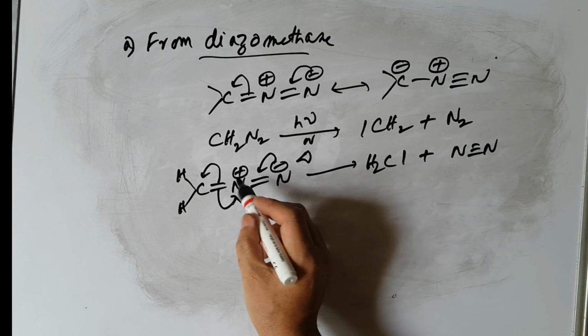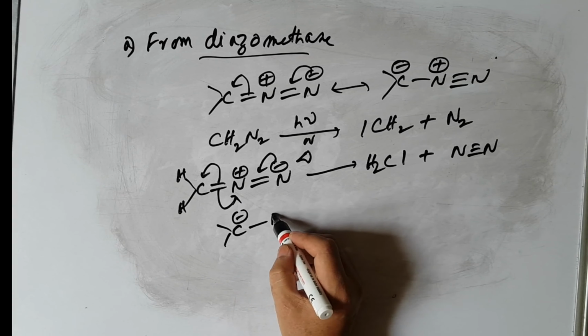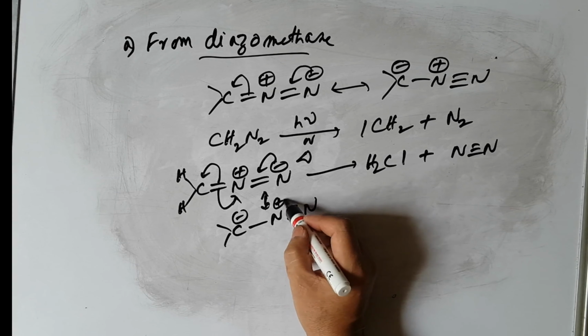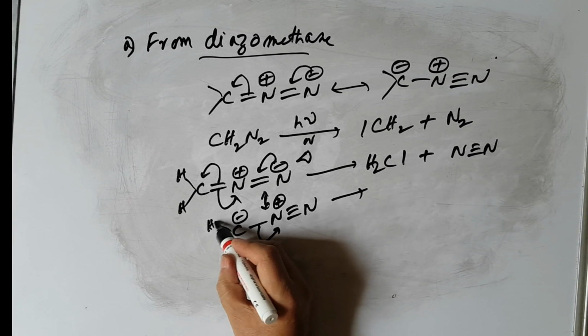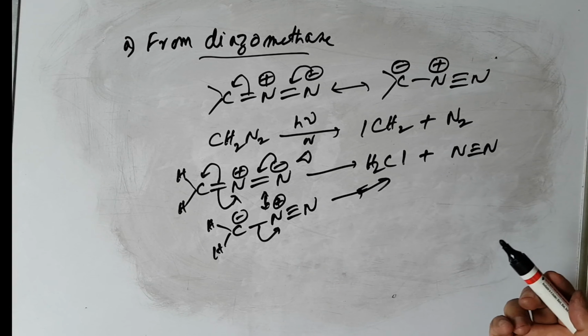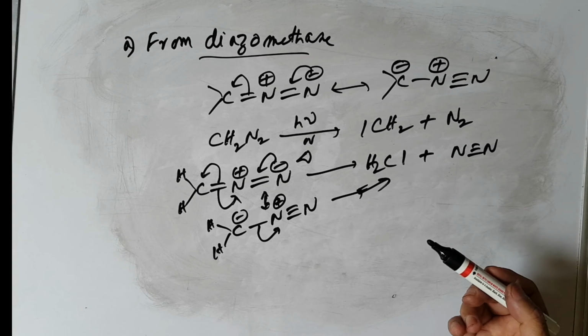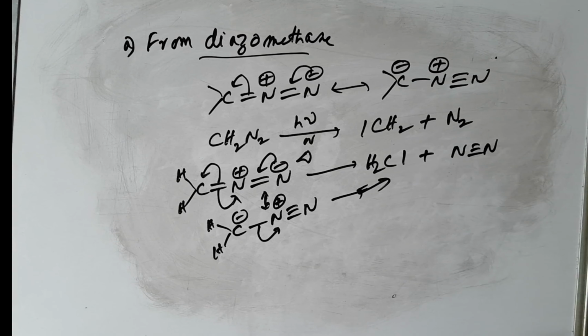Similarly from the other structure, the same case, if you remove the nitrogen you get the same product. So there are two ways. What I want to say is that by heating or by photolysis, diazomethane can give carbene by removal of nitrogen. So this is for certain double bonds.